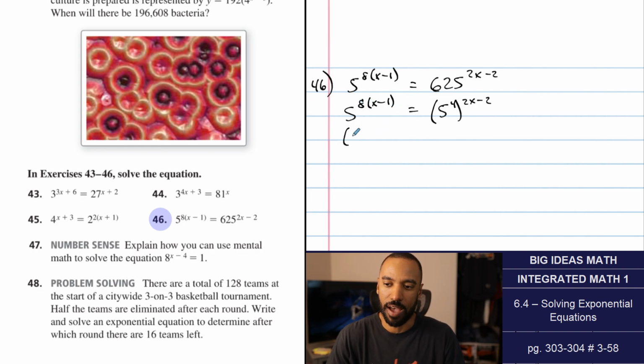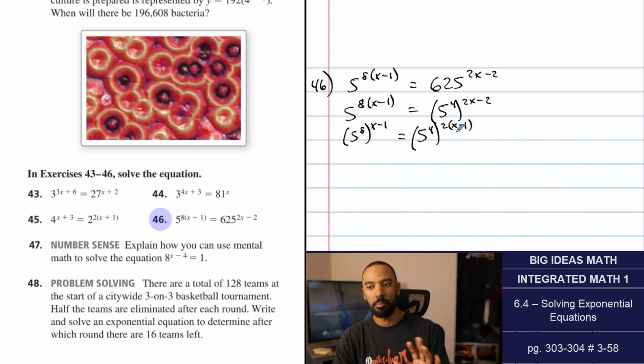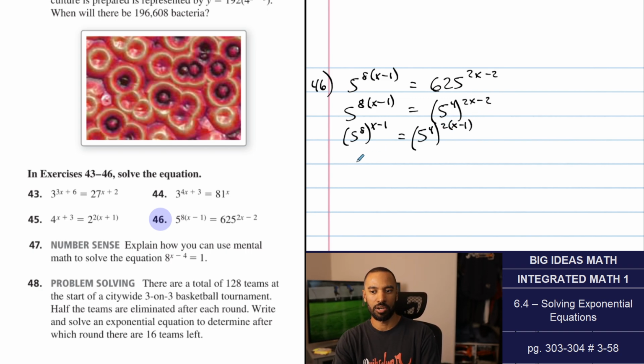I'll rewrite this one as 5 to the 8th, to the x minus 1, kind of like how I did the other one. 8's multiplying with the x minus 1, so we can rewrite it like that. And here, this one will be a little bit trickier. I'm going to have to do a couple things. 4 can distribute into the 2x minus 2, sure. But you can also factor a 2 out of the 2x minus 2 and turn it into 2 times x minus 1. And I'm going my own way about these problems, if that makes sense.